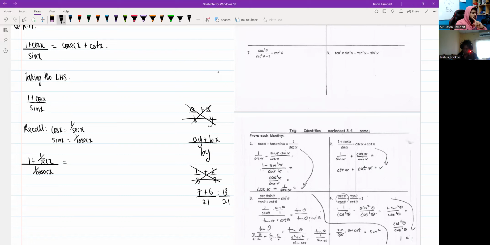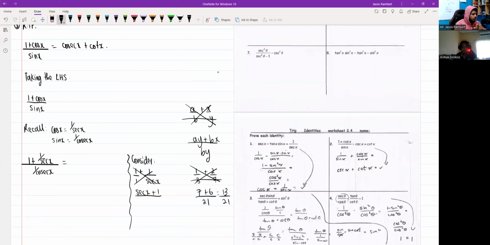All right, so what I like to do, draw a little working column and consider 1 plus 1 over sec x. Well, homeboy, this is 1 over 1. I multiply so, I get sec x. I multiply so, I get plus 1 over sec x.